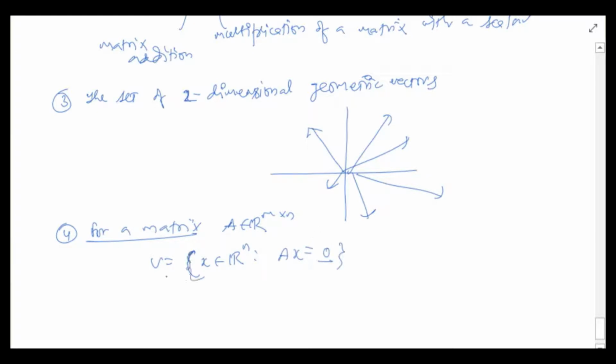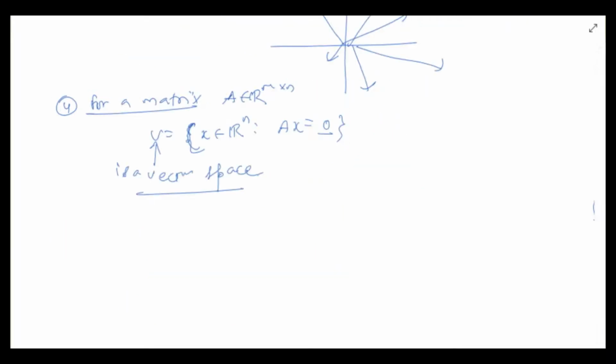So this collection V is a vector space. It can be easily shown that this satisfies all the 7 properties that we needed above. Namely, in particular, this V is closed with respect to multiplication with a scalar and vector addition.